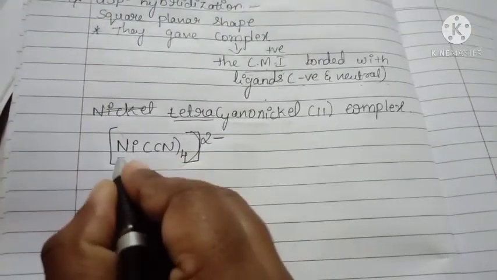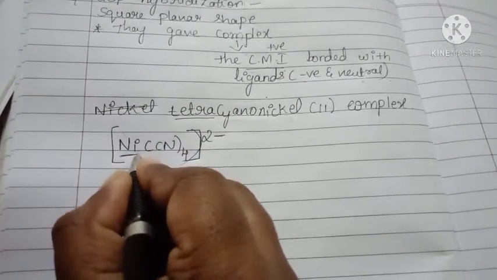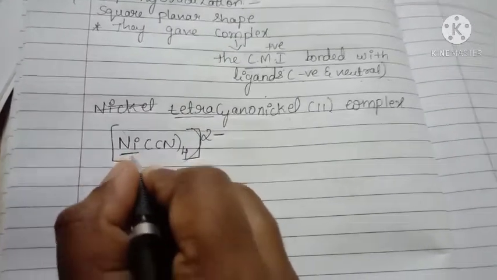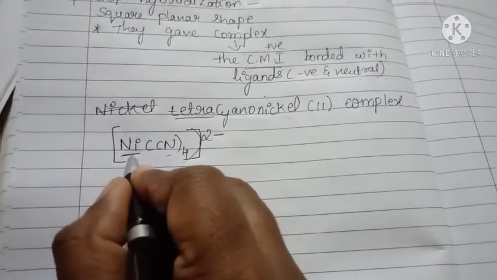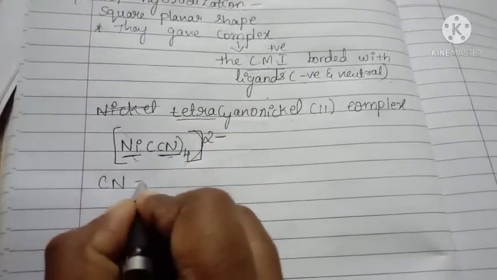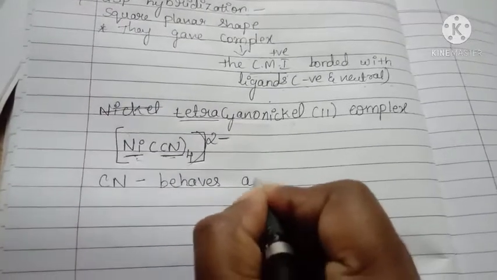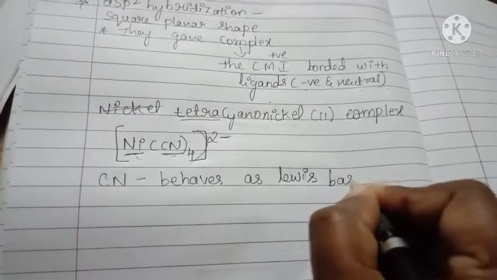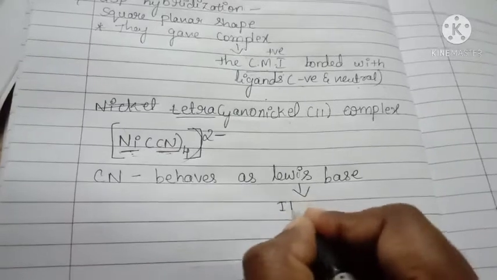First we have to know the outermost electronic configuration of nickel. This is the ligand and this is the nickel. This ligand, cyanide, behaves as a Lewis base. You know what Lewis base means? It donates a pair of electrons.